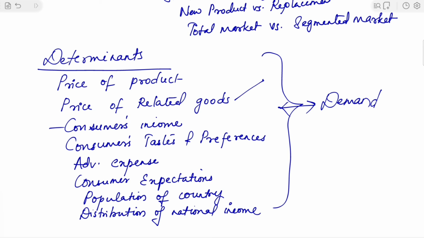Some variables are very easy to quantify, like the price of our product, the price of related commodities, income, interest rates, expenditure on investment. But things like consumers' tastes and preferences, or consumers' expectations, are not that easily quantifiable. Then the degree of control each firm might have on these determinants is also variable. So that was about the demand function.